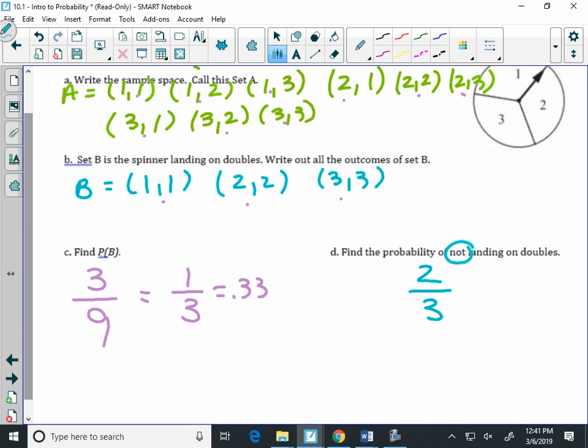So if there's a 1/3 chance that it will happen, I can just subtract that from 1, and that will give me the probability that it won't happen. Another way of looking at it is, if there's 3 out of the 9 that will happen, that means there has to be 6 out of 9 that won't. And 6 over 9 simplifies down to 2/3. However your brain thinks of it.